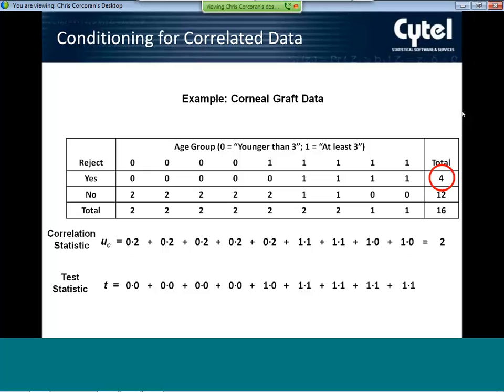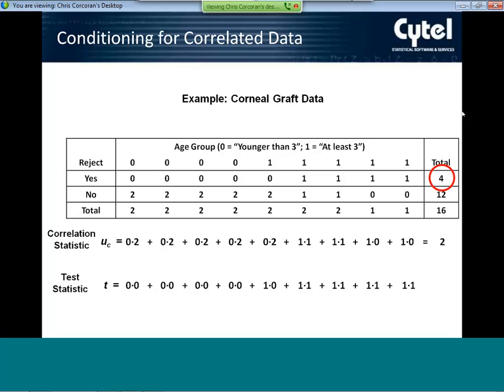Now the test statistic looks like what we would refer to as a linear rank test statistic or a trend test statistic for any two-way table. In other words, it's just the product of the number of responses times the exposure variable.